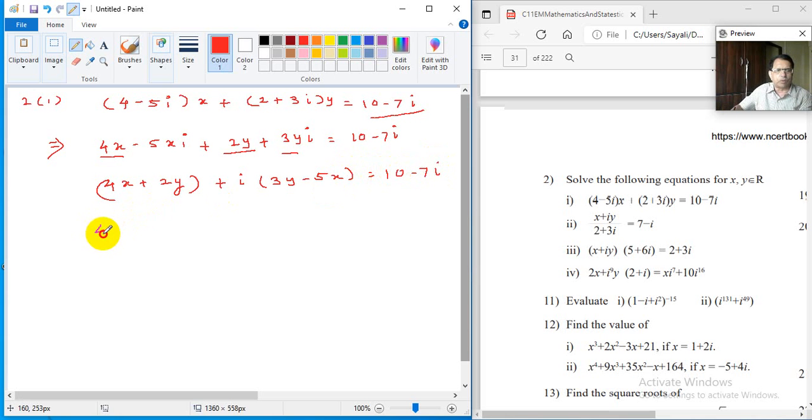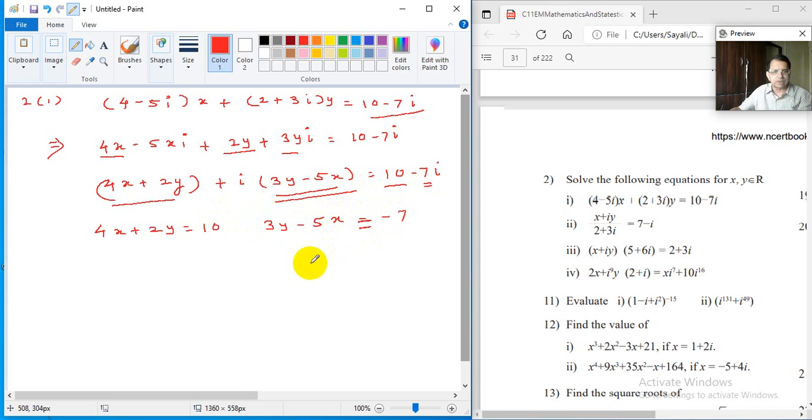So what does it mean? 4x + 2y is equal to 10. मतलब इथला रियल पार्ट हे इक्वेट करा, 10 झालं, आणि हा इमॅजिनरी पार्ट म्हणजेच काय, कोइफिशियंट ऑफ i. मग इथे 3y - 5x आहे, इथे -7 आहे. ओके, सो व्हॉट वी कॅन गेट सेकंड इक्वेशन, 3y - 5x is equal to -7.